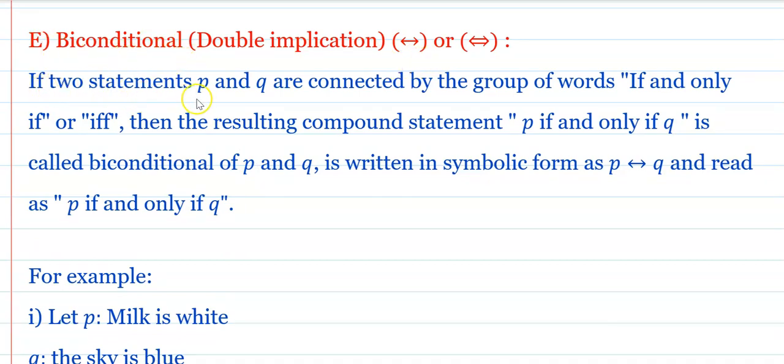If the two statements P and Q are connected by the words if and only if, or IFF, then the resulting compound statement P if and only if Q is called the biconditional of P and Q, is written in the symbolic form, in this way it has an arrow on both sides, and is read as P if and only if Q.